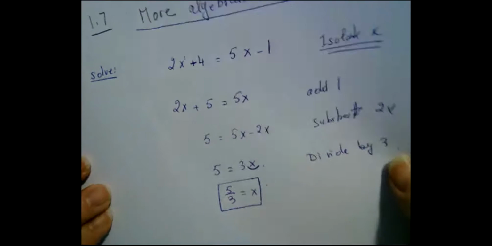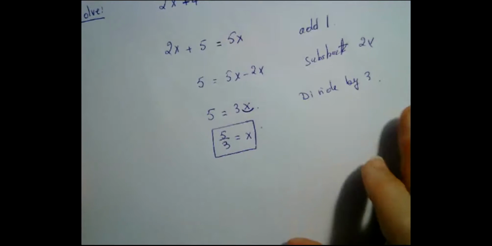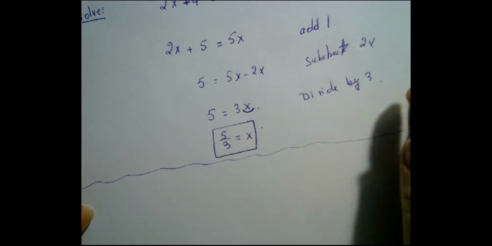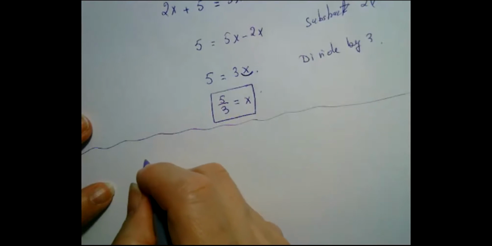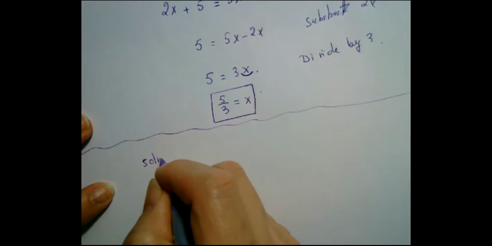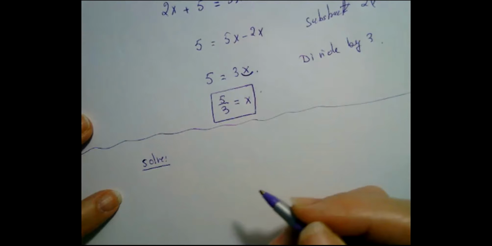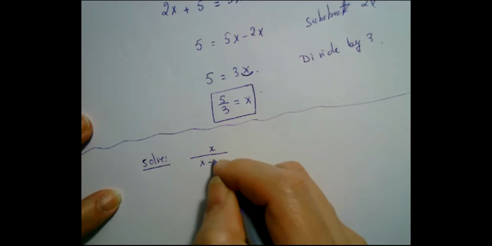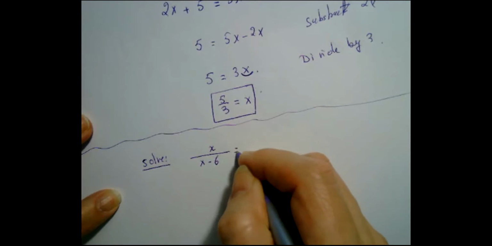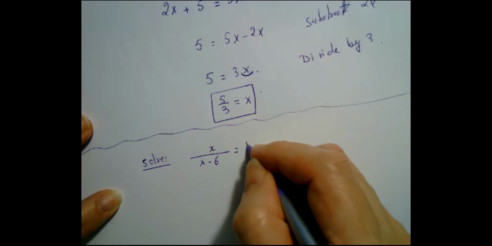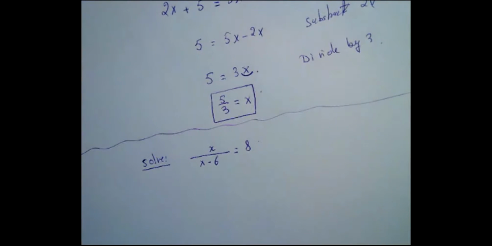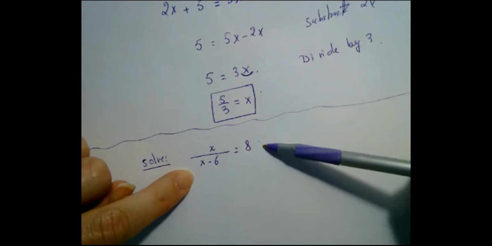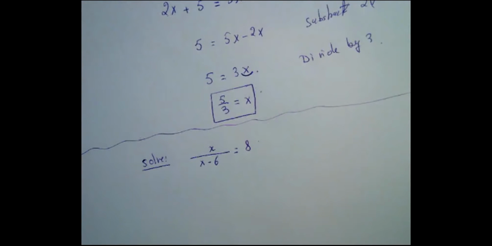Another type of problem, like the one I started to motivate the lecture with. Suppose, again, I'm asking you to solve the following: x over x minus 6, that's the one I did a minute ago, equals, let us say, 8. And I want to find which value of x I can put here that spits out 8.